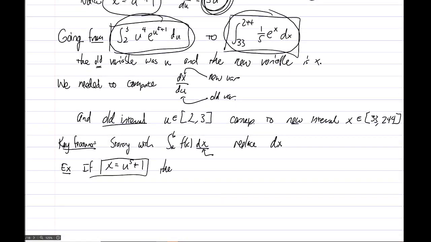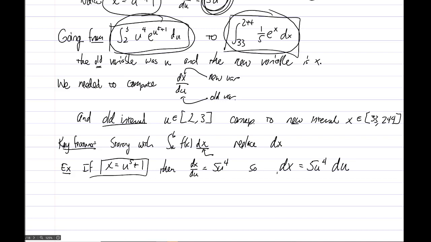Then dx over du is equal to 5u to the fourth, excuse me. So solving for dx here, you just need to multiply by du on both sides. dx equals 5u to the fourth du.